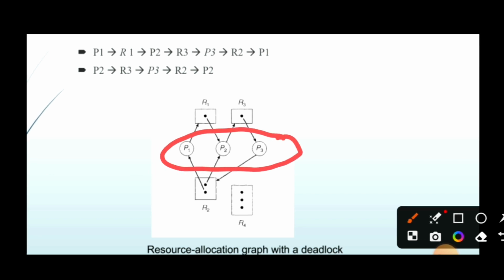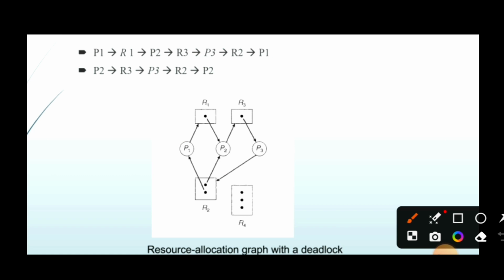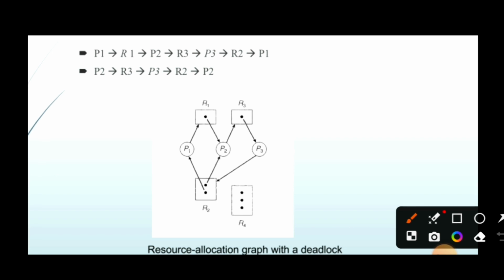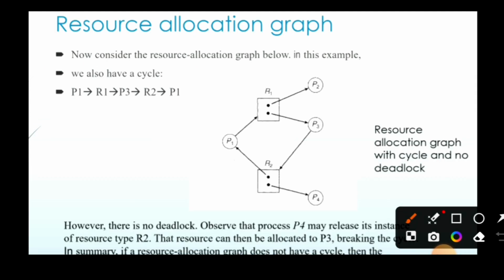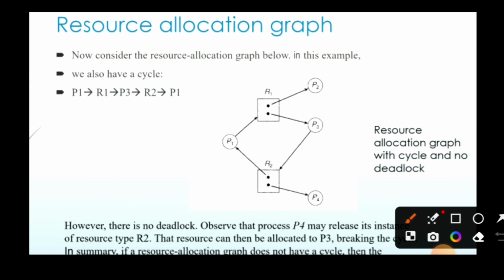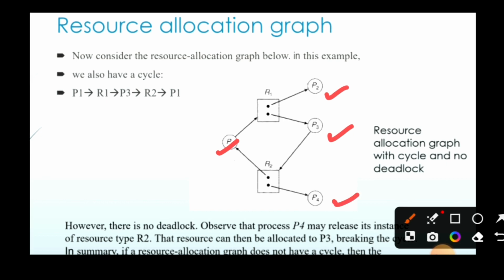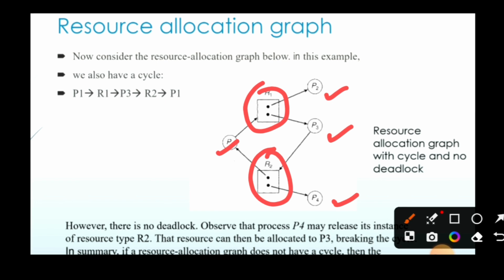So this is how you can identify whether a deadlock will occur in the system using the resource allocation graph. Now let us take another example. Here we have 4 processes P1, P2, P3 and P4 and 2 resources R1 and R2. R1 and R2 each have 2 instances.